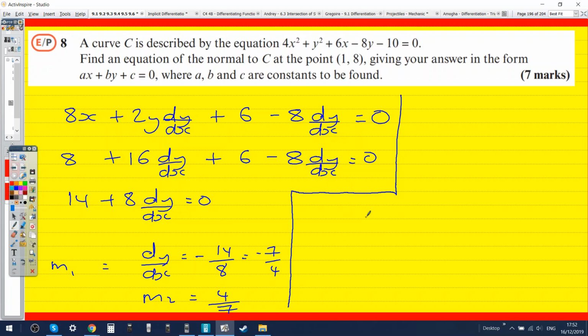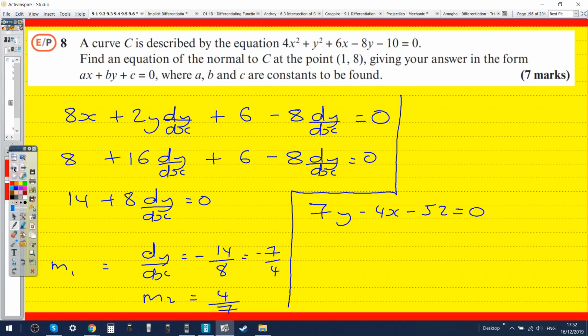Then you just do that, so you get 7y minus 4x minus 52 equals 0.